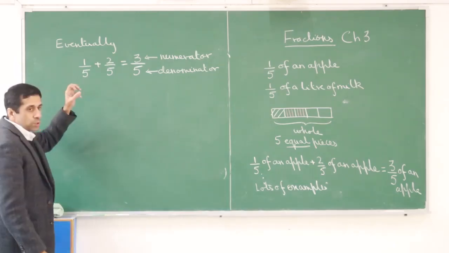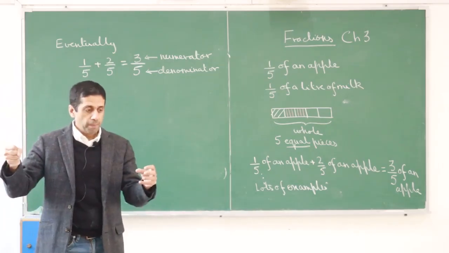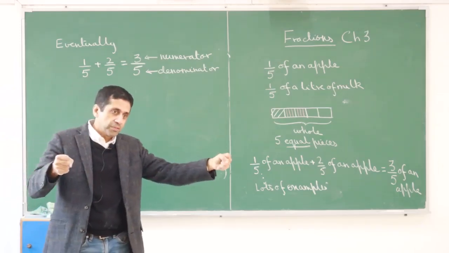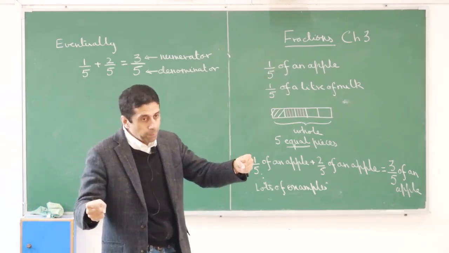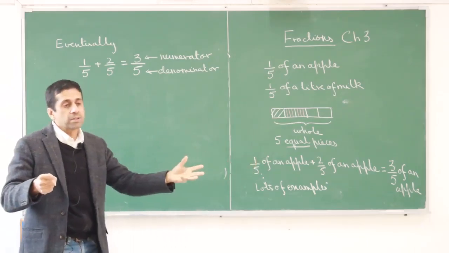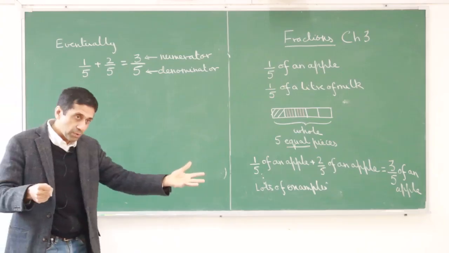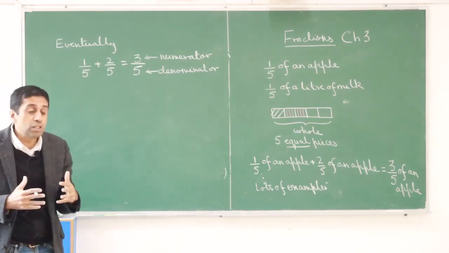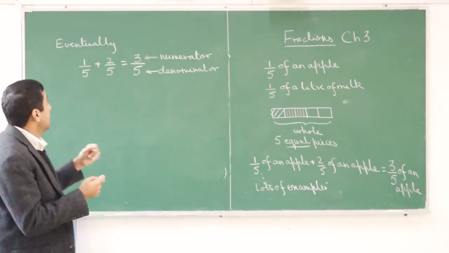So here I have 1/5 and I have 2/5. That means I'll have 3/5. Exactly like if I have one apple and 2 apples, I'll have 3 apples, and 1 orange and 2 oranges will make 3 oranges. So fifth, 5, is a denomination.